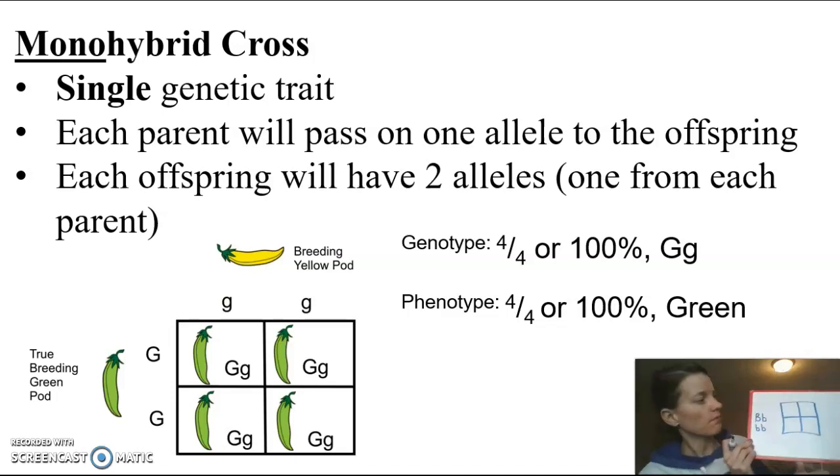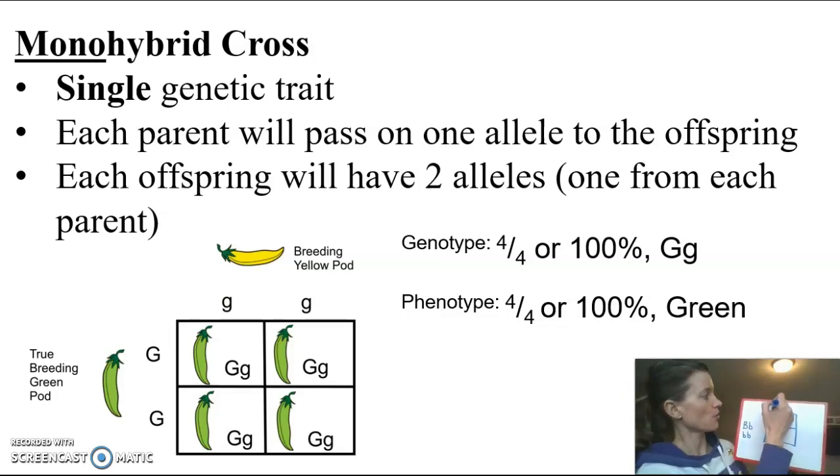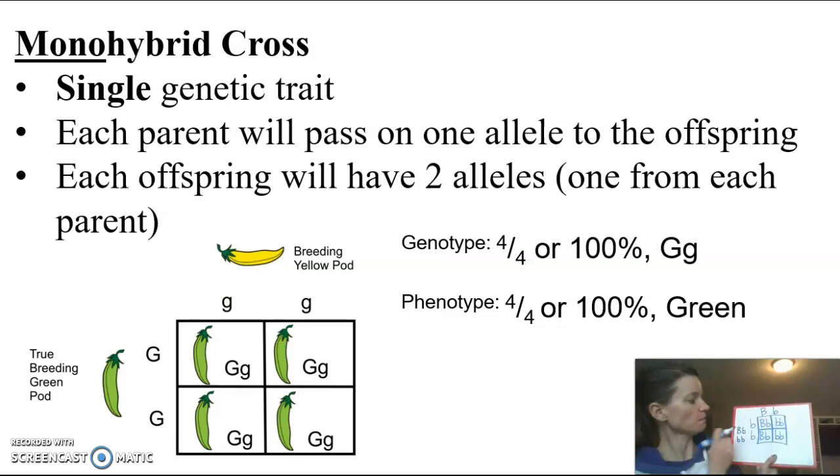I'm going to say one parent is heterozygous for brown eyes, so it has one of each letter, capital and lowercase, and the other parent is homozygous recessive. I then plug in my letter combinations to my Punnett square.